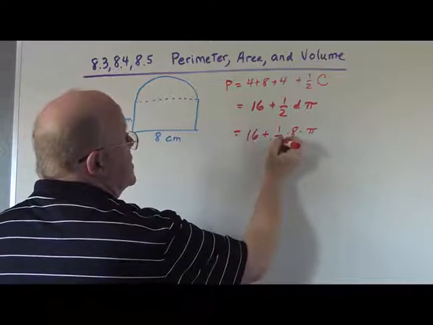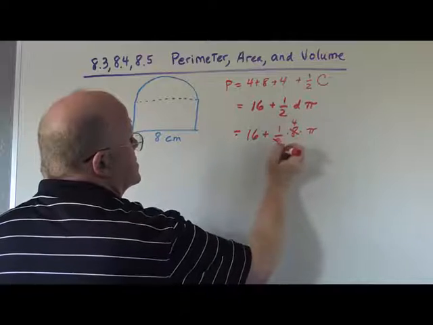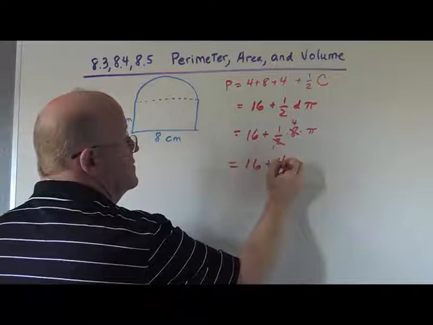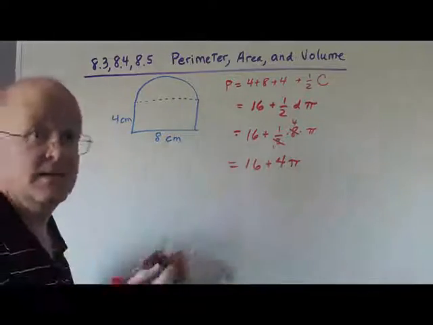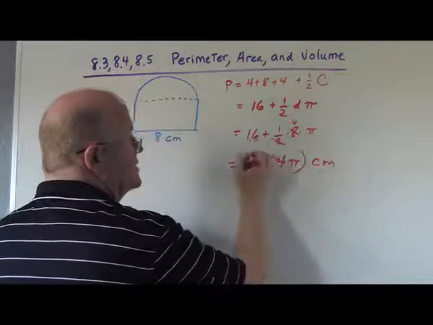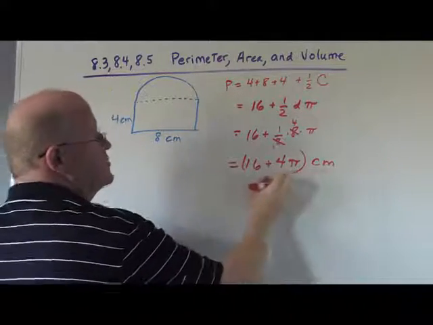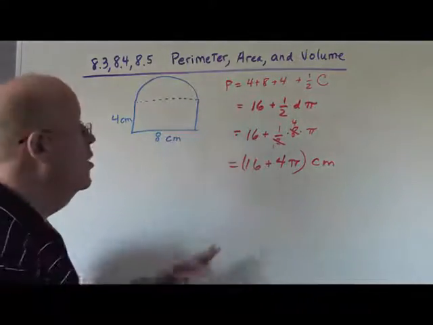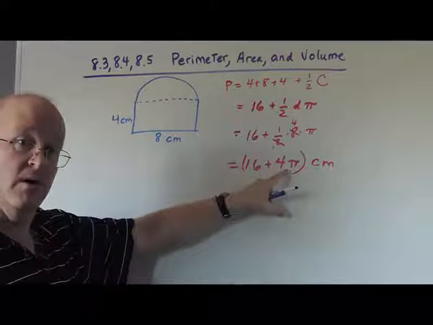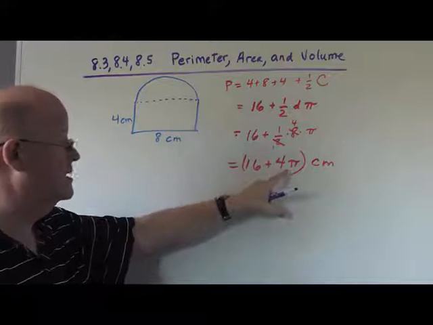So 1/2 times 8, that will cancel to give us a 4, and we would have 16 plus 4 pi centimeters. Now that would be an exact answer, and I would put parentheses around that because it's 16 centimeters plus 4 pi centimeters. Or we could substitute in for pi 3.14 to get an approximation.